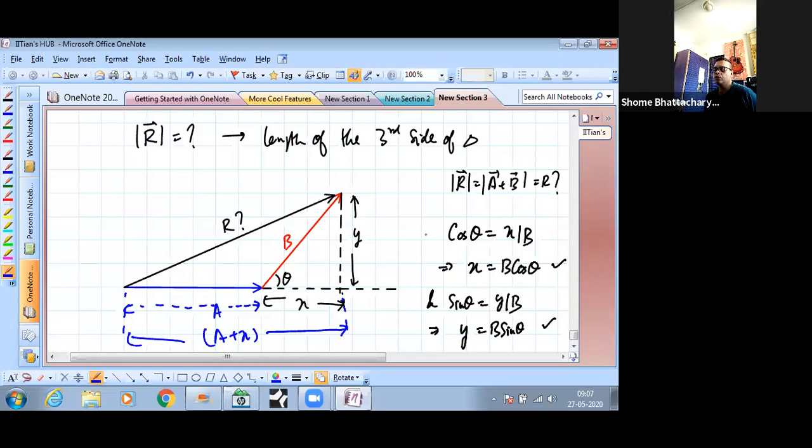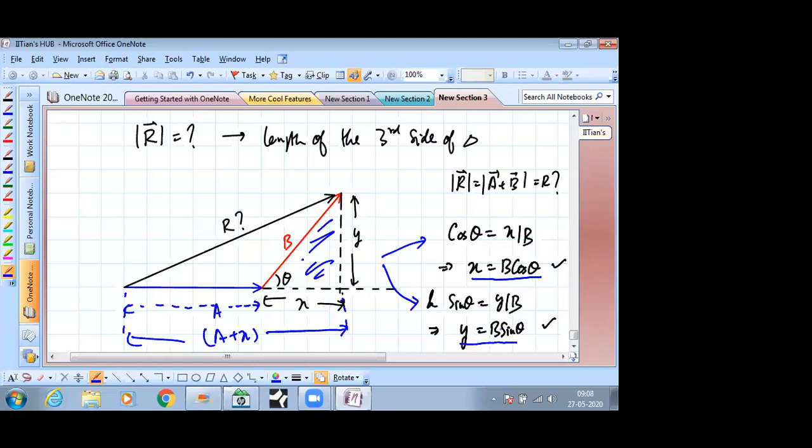So just make a note of this part first. Okay. So this is solving the smaller triangle. Okay, this triangle. For this triangle, cos theta and sin theta. So from that you are getting the value of x and you are getting the value of y. Just make a note of this first, x and y. Then we'll solve the larger right angle triangle, and from that we'll get the magnitude of R, that is the third side.